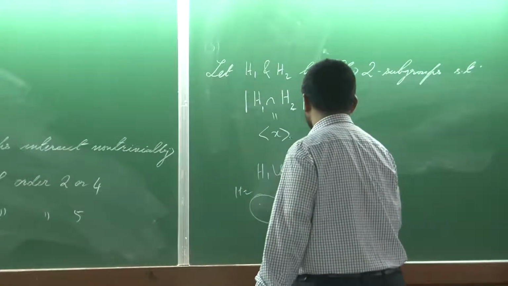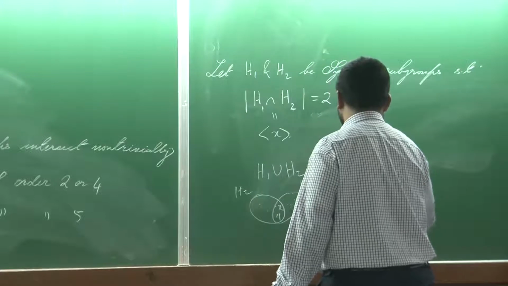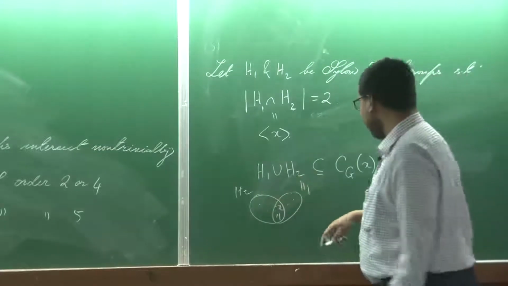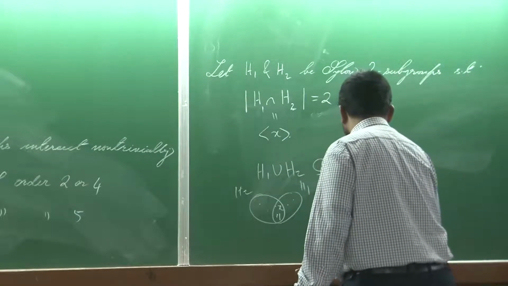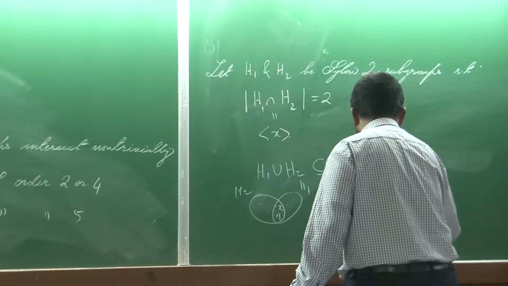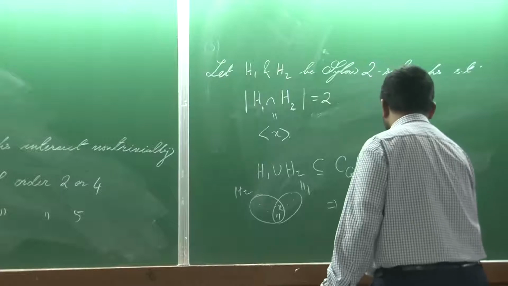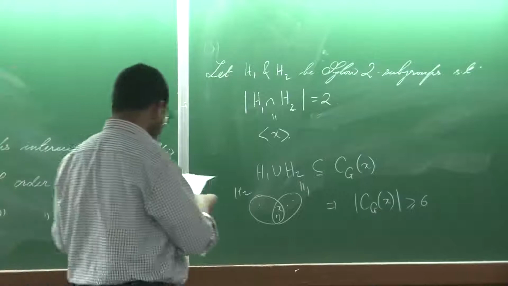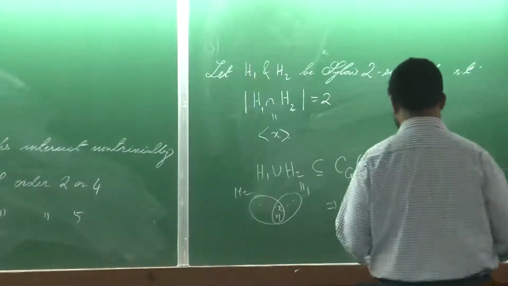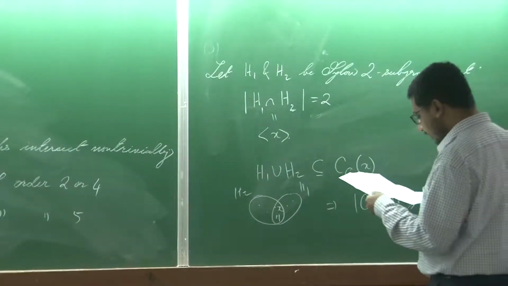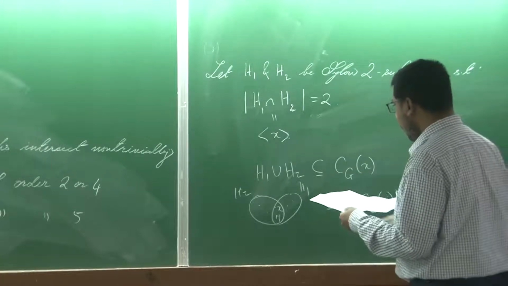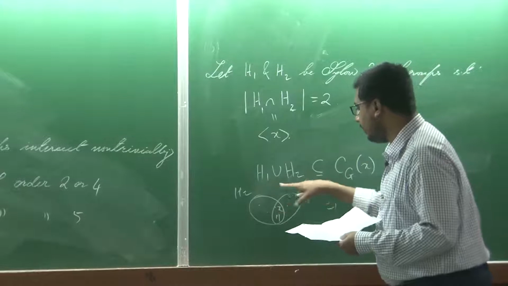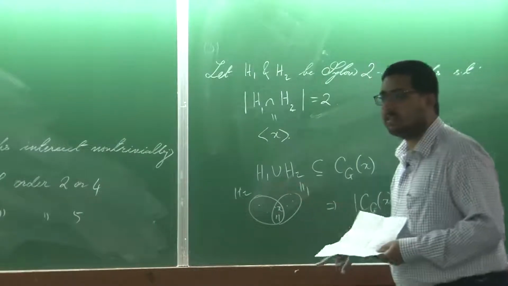So, this union must be contained in the centralizer of X in G, because X commutes with all of them. That forces the centralizer to have order at least 6, and of course it cannot stop with that, because the union of these two is not a subgroup.